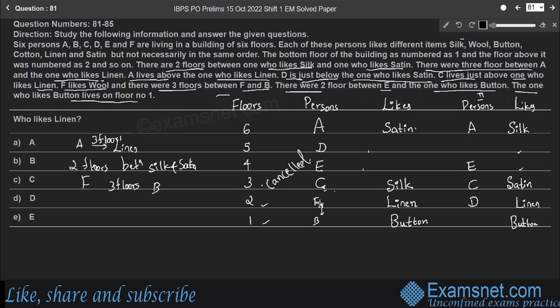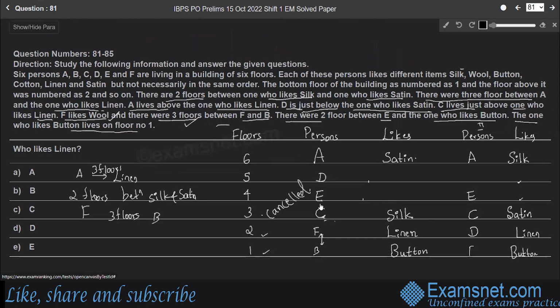Consider case 2. There are 3 floors between F and B, and it is given that F likes wool. So F cannot be on the first floor, because the first floor person likes button. Therefore, we have to consider the floor of F as the fifth floor.